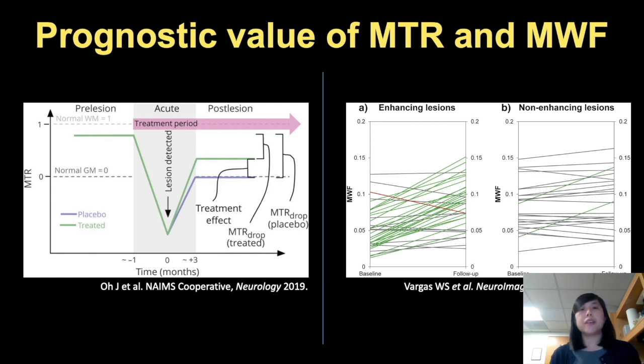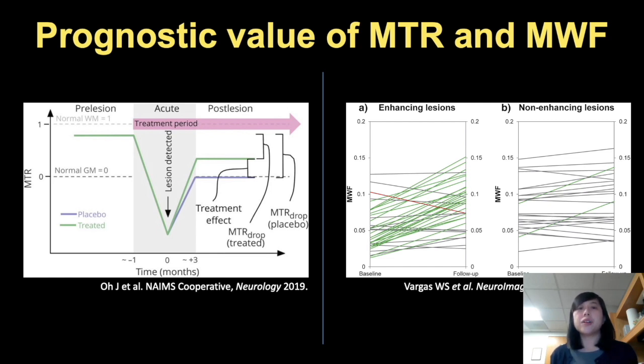The feasibility of measuring dynamic changes in MTR in acute gadolinium enhancing lesions has been demonstrated, as shown in this study here on the left. With acute lesion formation, the average lesional MTR has been shown to initially decrease and then increase. These changes are partially related to edema, but they're also thought to reflect demyelination followed by partial remyelination.